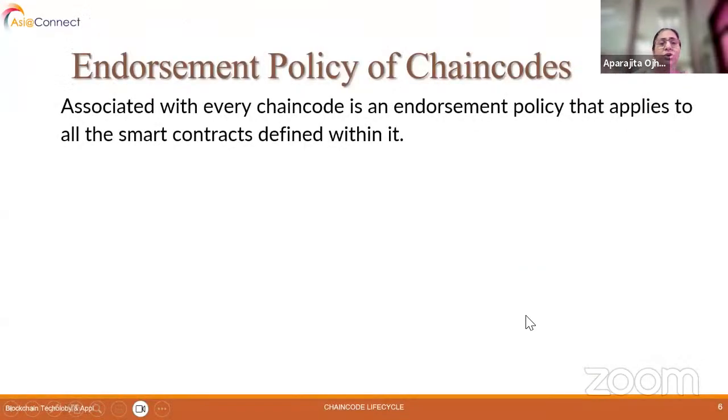So associated with every chain code, remember that there is an endorsement policy that applies to all the smart contracts defined within it. For example, the endorsement policy for car, for boat, for truck, whatever it is, is very clearly defined in the chain code.